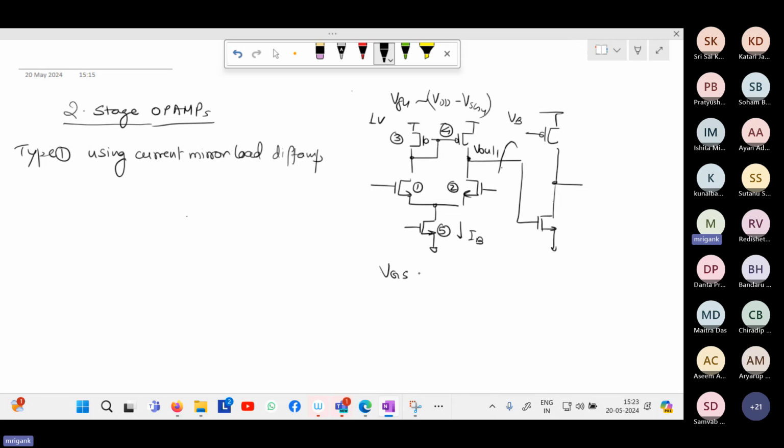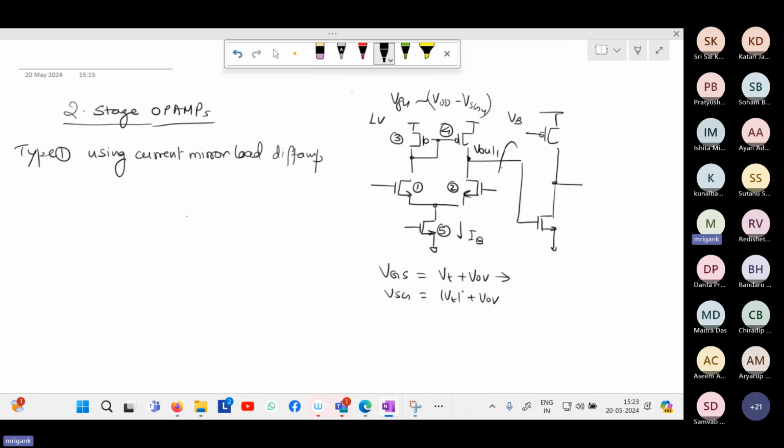VGS will be equal to VT plus V overdrive. Remember, the V overdrive is defined as VGS minus VT. Likewise, for PMOS, VSG we can define as mod VT plus V overdrive, because V overdrive is just VSG minus mod VT. So how large the VSG is compared to VT is the overdrive voltage.